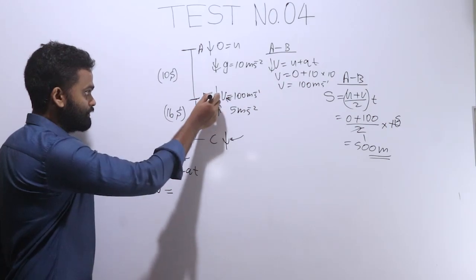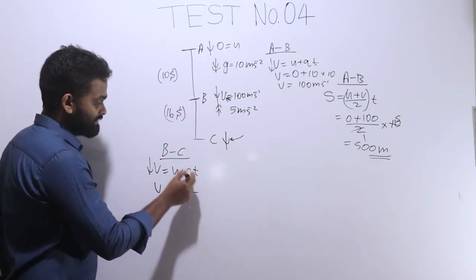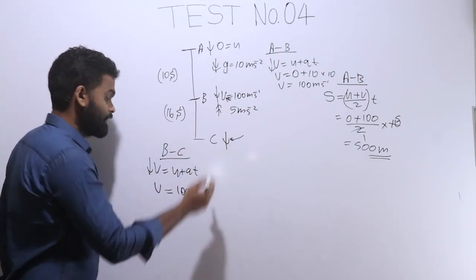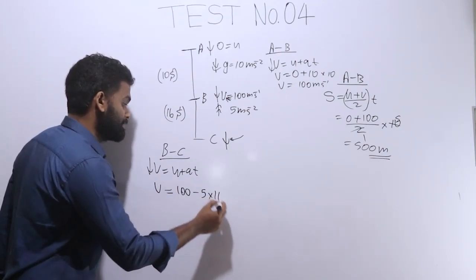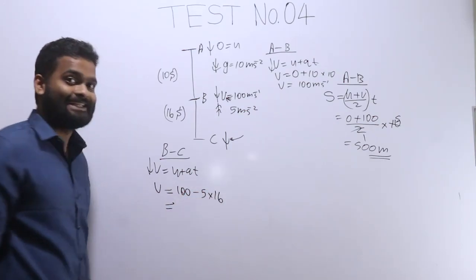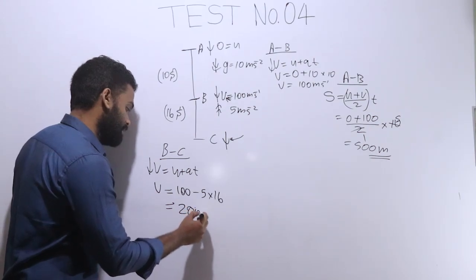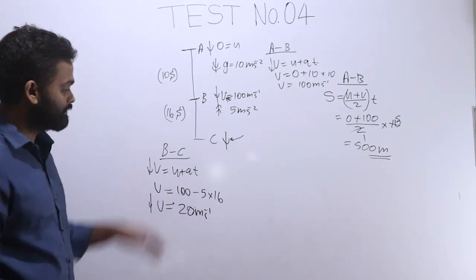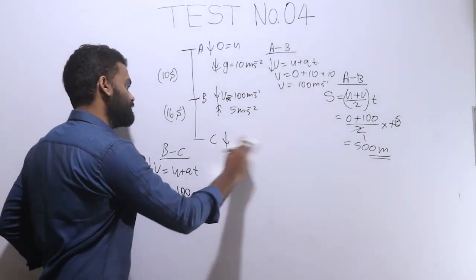So initial velocity is 100, it is downwards. This acceleration is upwards, because this is a deceleration, so I put a minus 5 here. Then the time is given as 16. So 100 minus 5 times 16, that is 80. 100 minus 80 is 20. It is not a negative velocity, so it confirms that there is still a velocity downwards. The value is 20 meters per second.